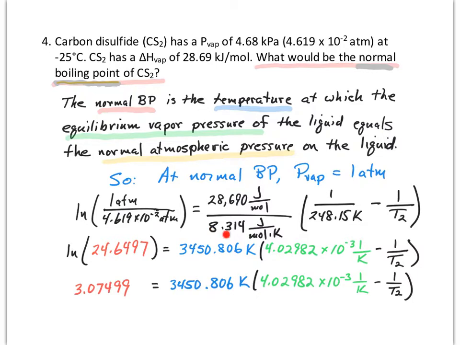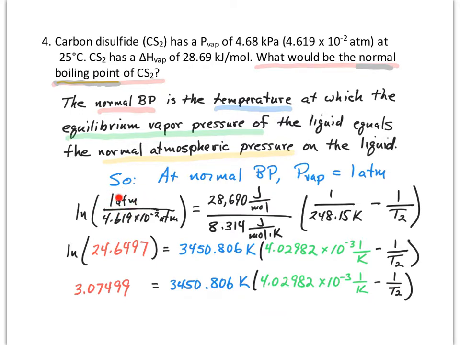Again, because our gas constant R is in joules, we have to convert our heat of vaporization from kilojoules to joules. Okay? So, we can evaluate this fraction. All right, and we're going to take this 1 atmosphere as exact, right?